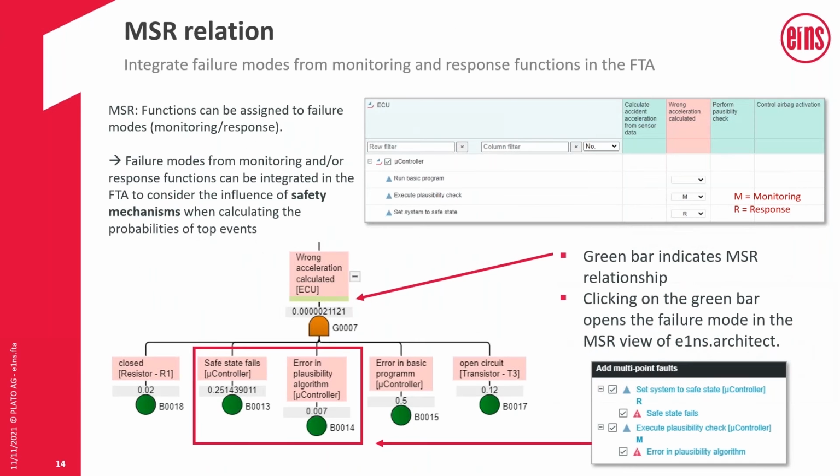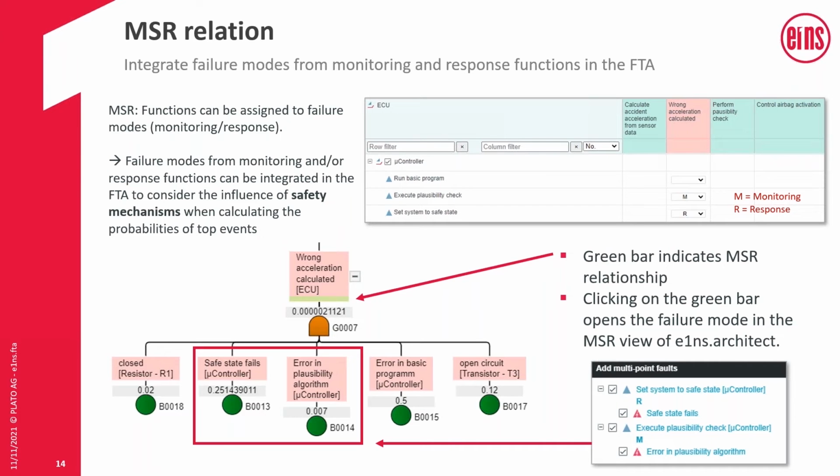And this slide already shows a little bit from our integration or interface to the MSR FMEA. So the FMEA MSR enables the inclusion of monitoring and response functions in the FMEA work. However, even these diagnostics can fail, of course, and may not 100% prevent the occurrence of the top event.